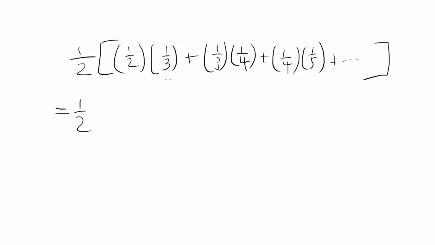And you may realize this thing is of the form 1/x times 1/(x+1). In this case, x is 2. In this case, x is 3, and so on. And this thing is equal to 1/x minus 1/(x+1). You can use a partial fraction decomposition to prove this, and I'm not going to do it here, because this one is easy to verify.